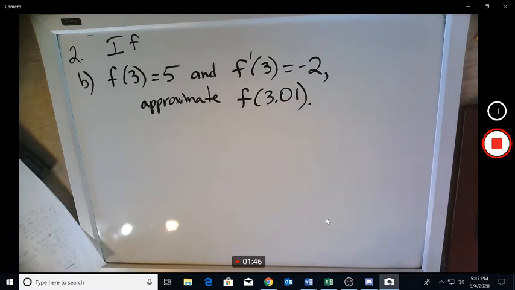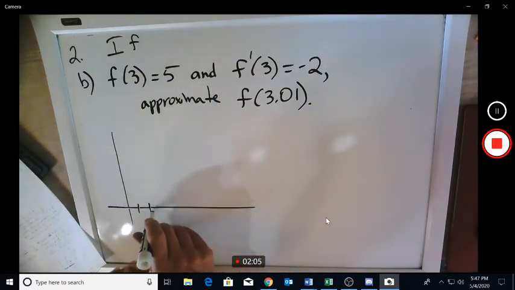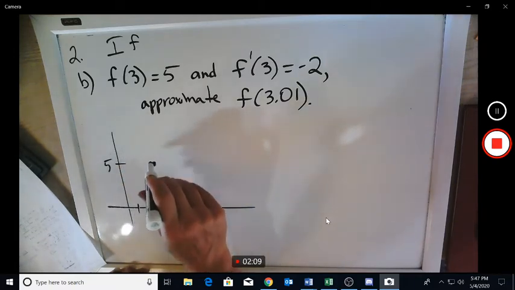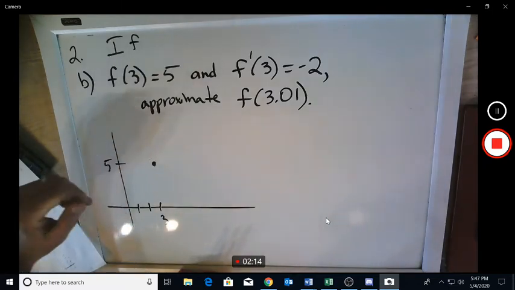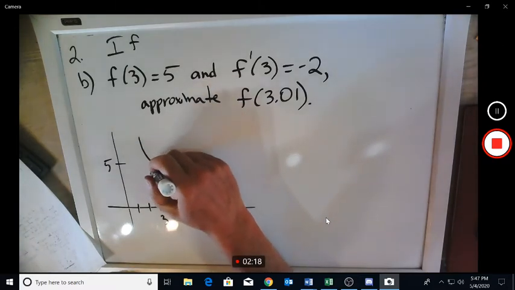About 30 seconds more, and we'll go over this. Alright, so this one, 1, 2, 3, I'm at a height of 5. I know my function goes through this point. We know it goes through in such a way that its instantaneous slope is -2.